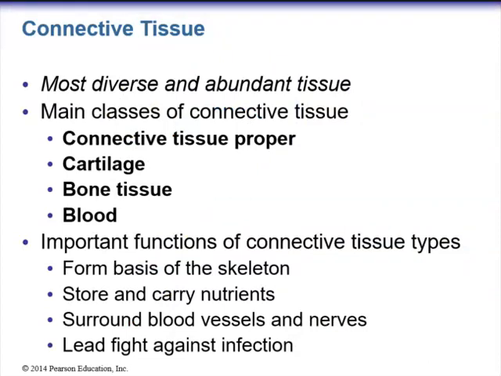So now that we're finished with epithelium, we're going to talk about connective tissue. Connective tissue is the most diverse and abundant tissue. You're going to see that again. So again, connective tissue is the most diverse and abundant of all the tissue. And we have main classes of connective tissue. We have 4: connective tissue proper, cartilage, bone tissue, and blood.